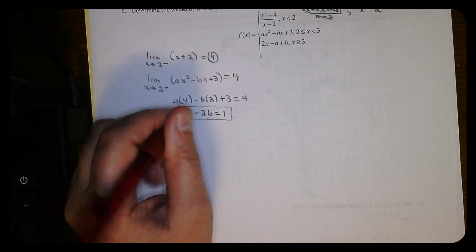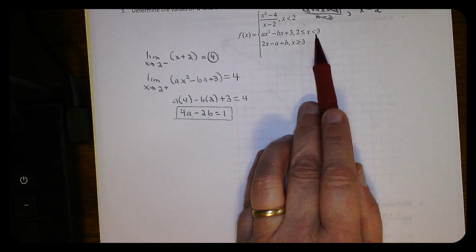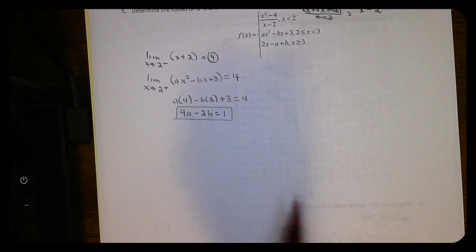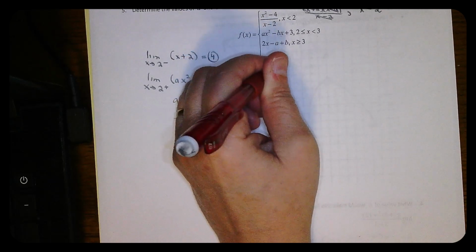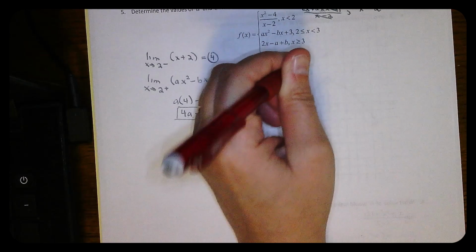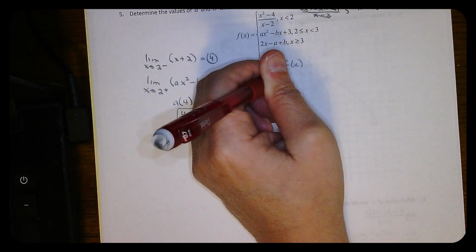But luckily, I have another left-hand, right-hand situation here with this 3. Okay, so I'm going to do the same thing. I know that the left-hand limit, as x approaches 3 from the left, I want it to be continuous. The limit as x approaches 3 has to exist.